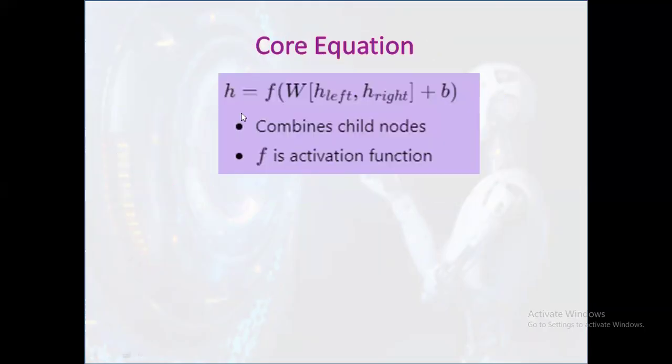The core equation is given by h = f(W [h_left, h_right] + b). It combines the child nodes, and b is the bias. f is the activation function, which introduces non-linearity. The vectors are concatenated and transformed.